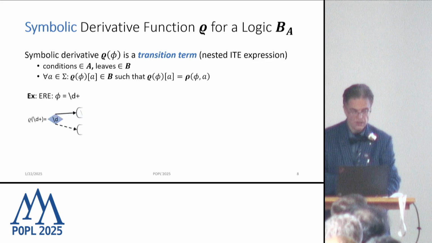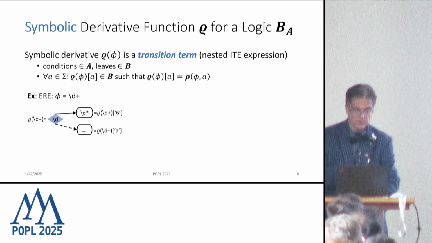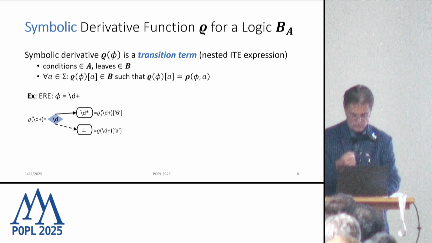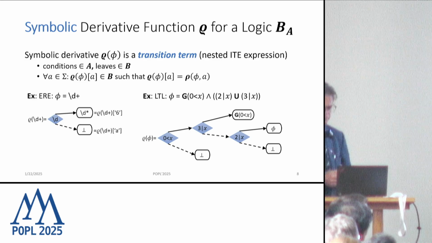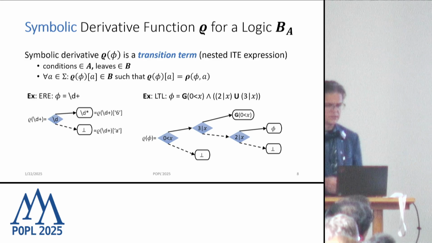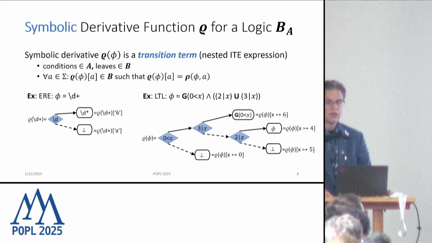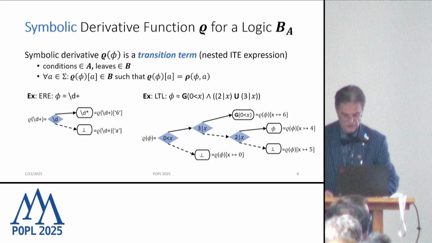So for example, returning to the previous example, you would have 2 cases. Either it is a digit or it isn't a digit, in which case, if it isn't, you reject. Or you have a formula in LTL, in which case you will get 3 cases. I'm not going to go into details here, but you get, again, examples of how you would evaluate these leaves, follow the path according to what value x has.